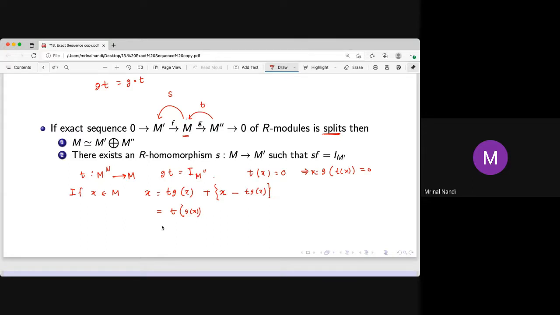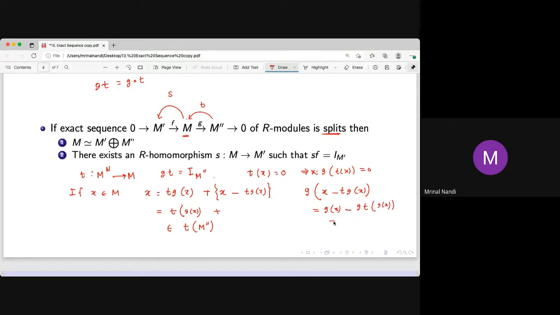So what is the meaning of that? It means this belongs to T(M''), this part. And what is this? If you take the G of that element, so remember GT is identity, but TG is not identity. Now this is Gx, and G is an R-homomorphism, so it's linear.